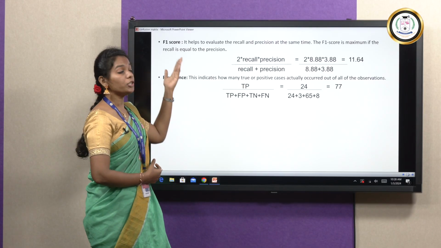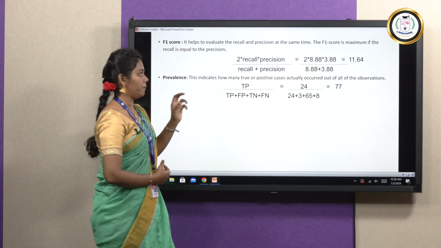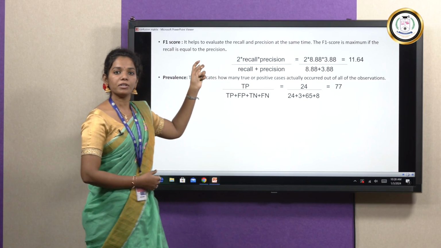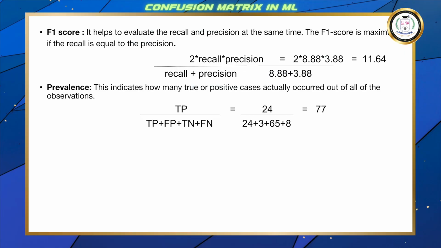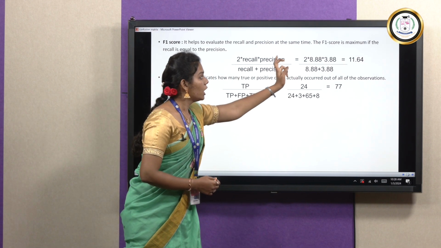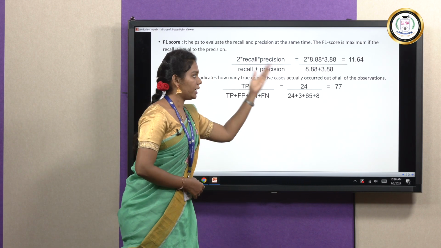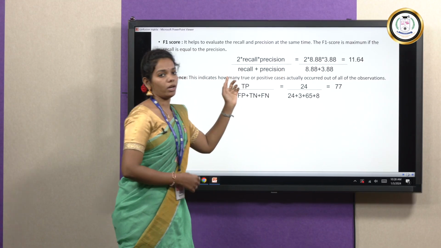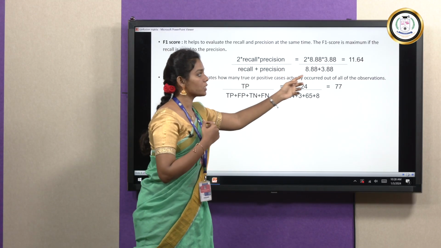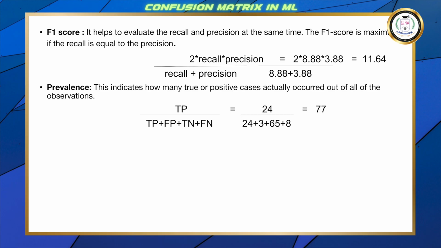With that, we are going to find the F1 score is maximum. So the formula for F1 score is 2 into recall into precision divided by recall plus precision. So here 2 into recall value 8.8 into 3.8 divided by recall 8.8 and precision 3.8. With this, the answer is going to be 11.64.